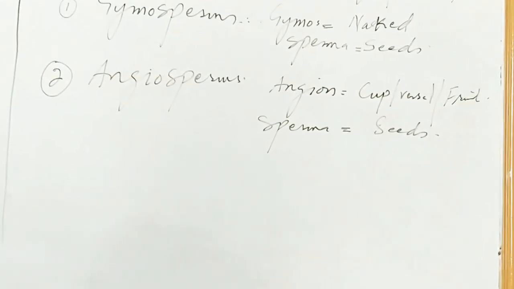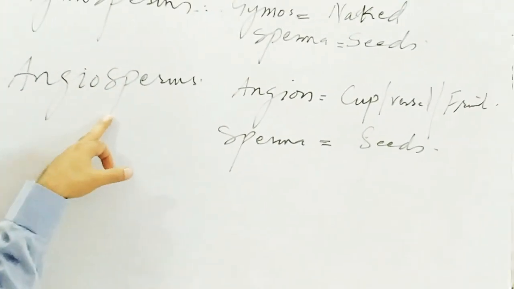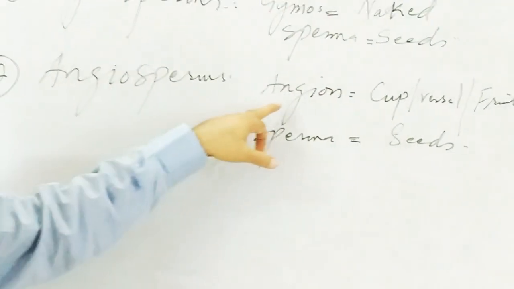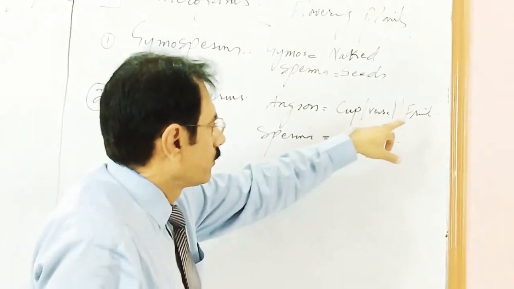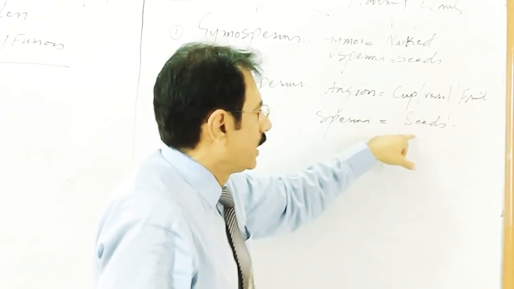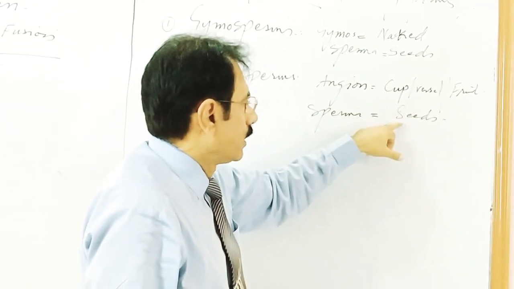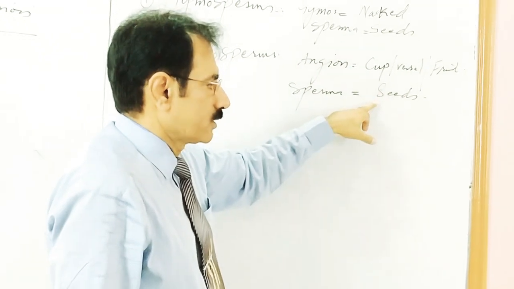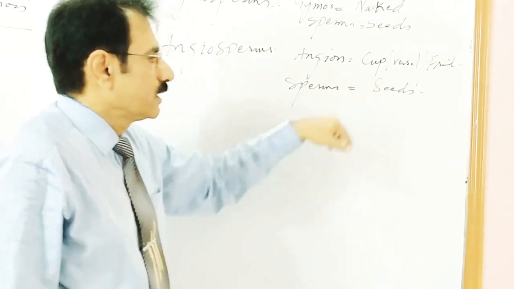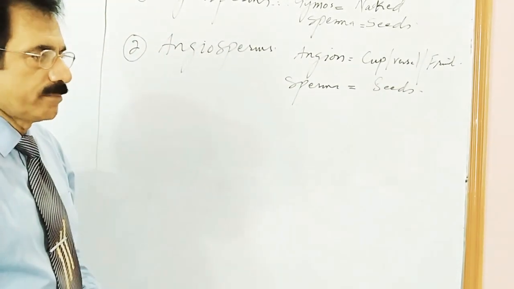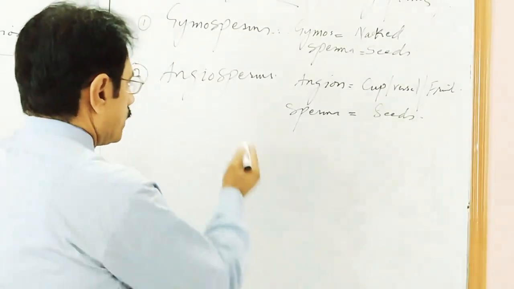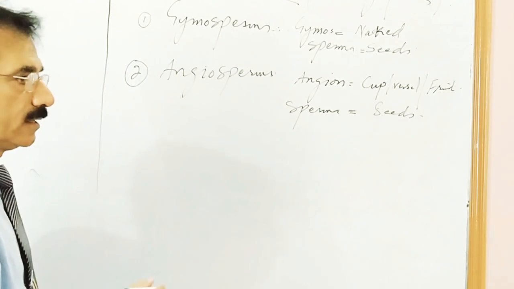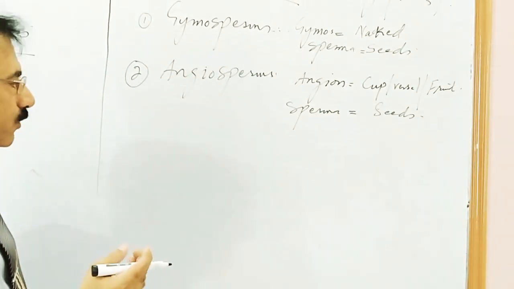This group is also a group of flowering plants. In them, the seeds are found in the fruit, in the vessel, or in a cup. That means angiosperms are plants in which seeds are enclosed by a cup or fruit, because this group of plants has an ovary as well as ovules.